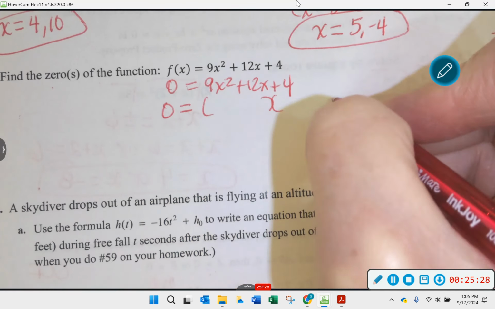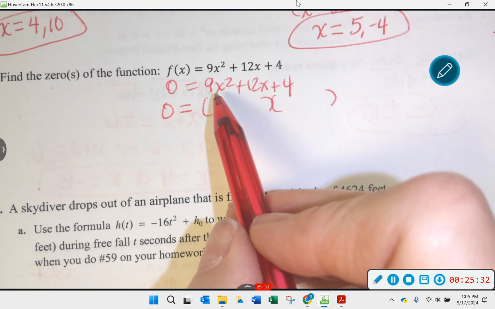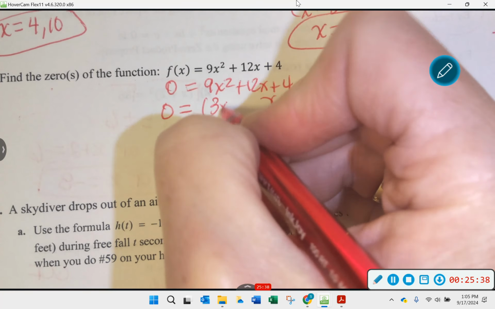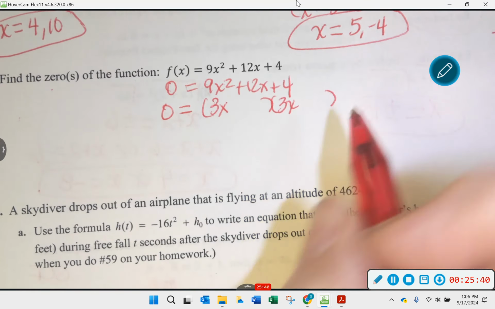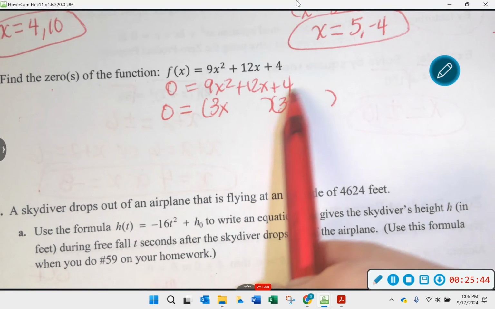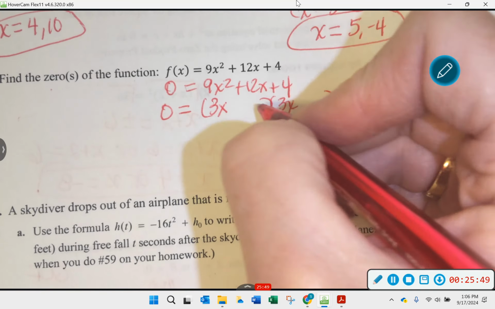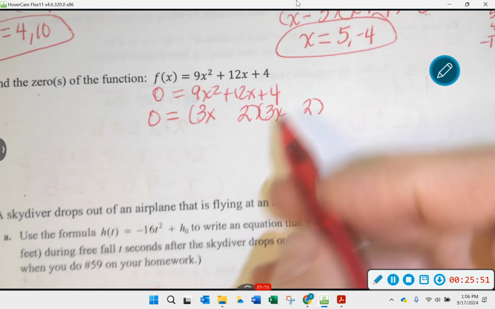But we can still do this. We set up our double parentheses. What are the factors of 9x squared? 3x and 3x. Typically, we use the ones closest together. It just seems like it usually works that way. If it doesn't, then you go back and you change it. What are the factors of 4? 2 and 2. Now I have to check.